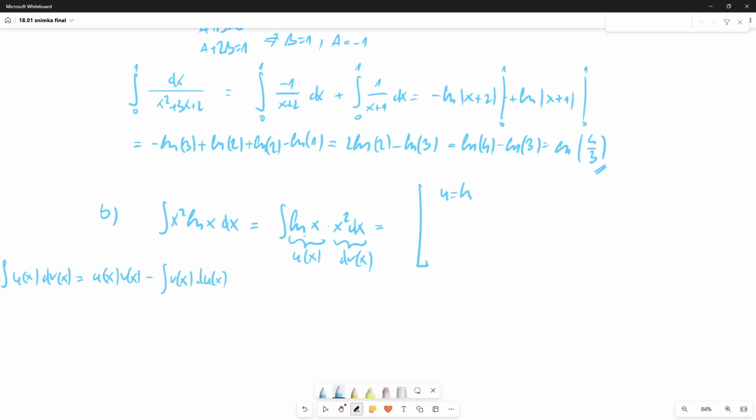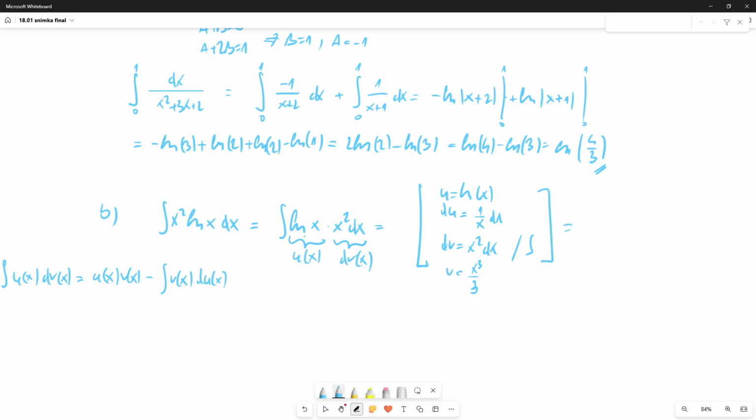u is equal to ln of x. We differentiate this and obtain du is 1 over x dx, and dv is equal to x squared dx. We integrate this and obtain that v is equal to x to the power of 3 over 3.